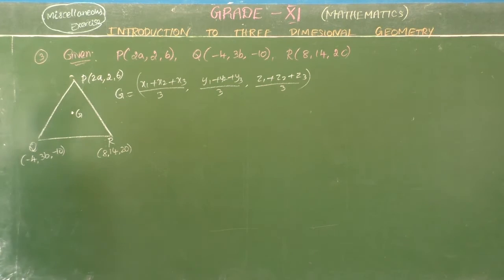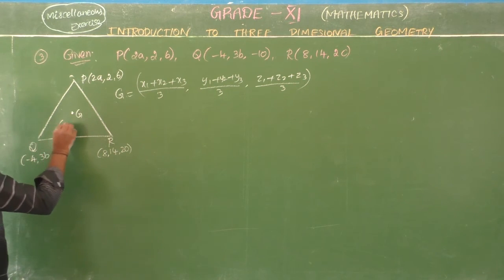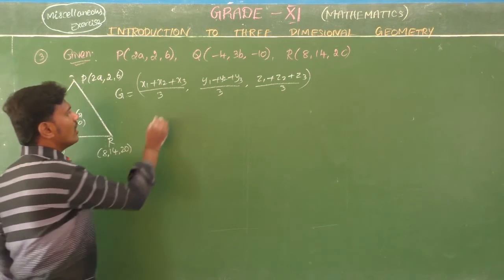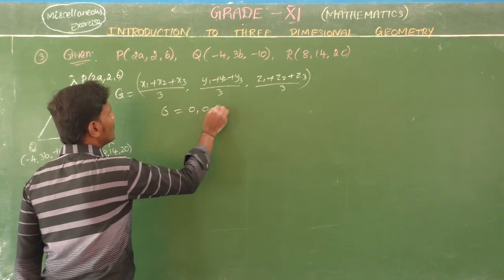Now they already told the centroid is at the origin, which is G equal to (0, 0, 0).